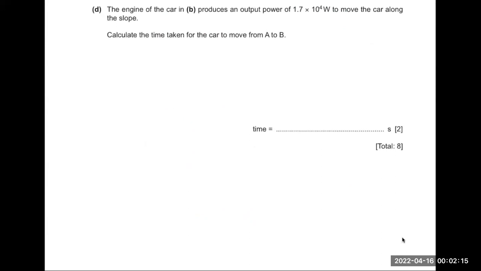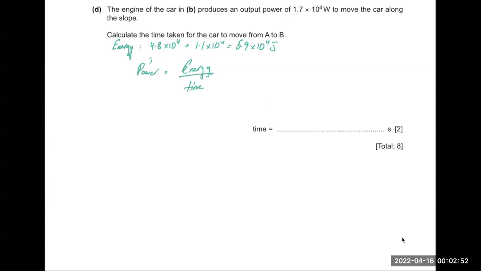So the total energy that is produced by the engine, or the total work done by the engine, is basically the sum of the gravitational potential energy and the work done against the resistive forces: 5.9 into 10 raised to the power 4 joules. That is the total energy produced by the engine. To find out time, we'll use the formula power equals energy over time, or work done upon time.